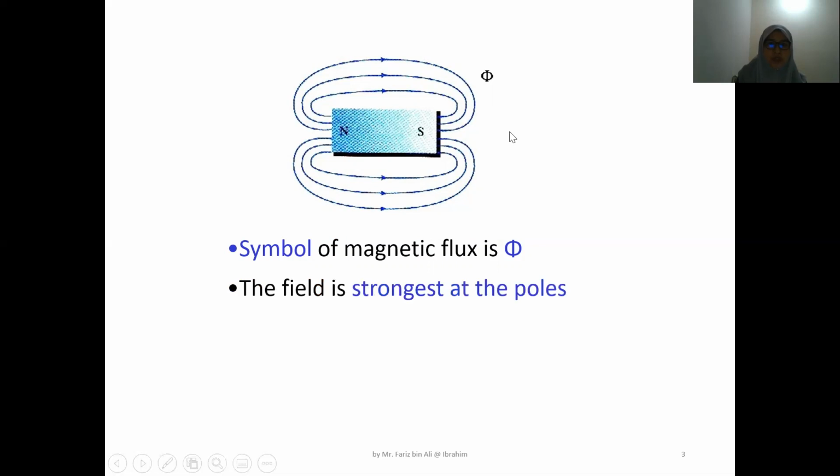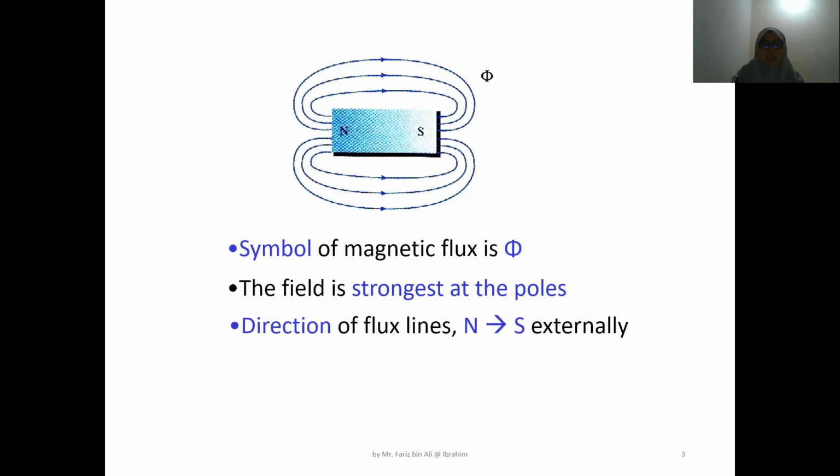The field is strongest at the poles. We have two poles here, the north pole and the south pole, and the lines of flux between these poles, where the field is strongest at the poles.